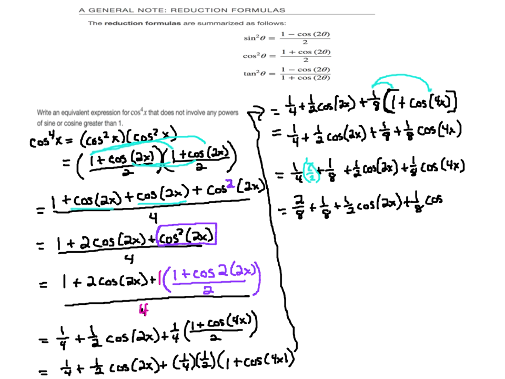Plus 1/8 cosine 4x. All right, 1/8 and 2/8 make 3/8 plus 1/2 cosine 2x plus 1/8 cosine 4x. And that's it. That is a nasty, not feel good answer, but that's it.